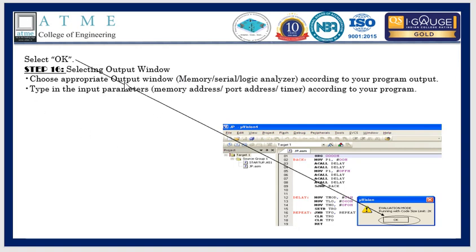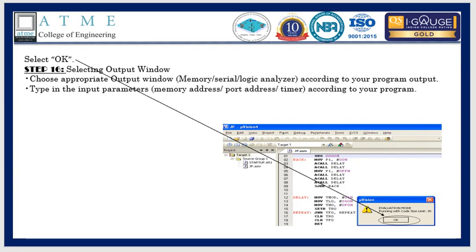By choosing the appropriate output window, like memory, serial, logic. If you are using any serial communication or data transfer, you use serial. And logic analyzers, if you use any type of logic according to the program output. And also type in the input parameters according to your program.